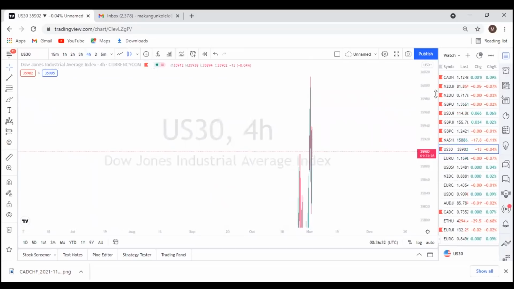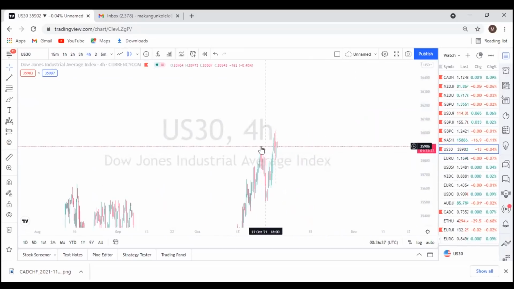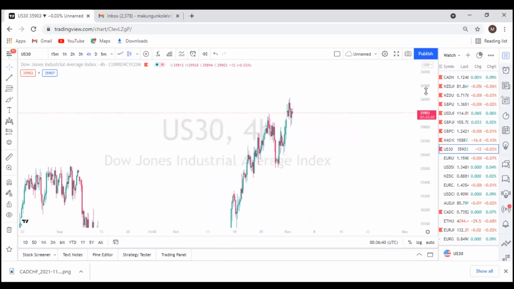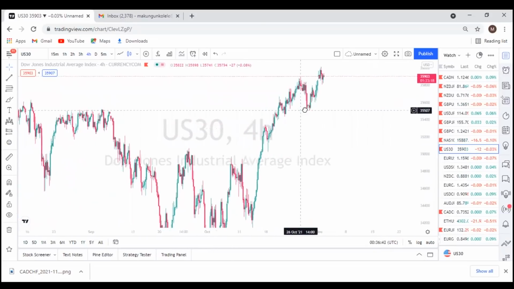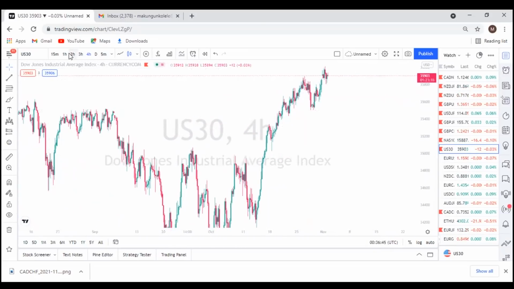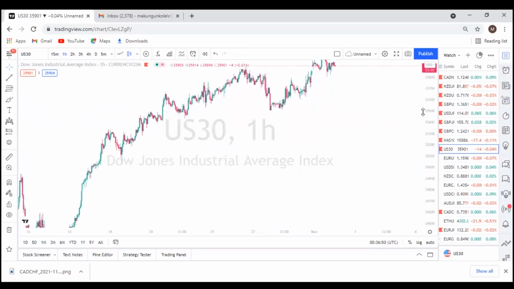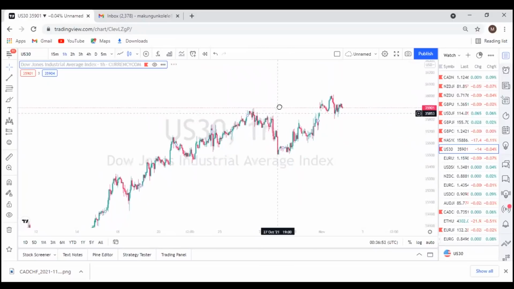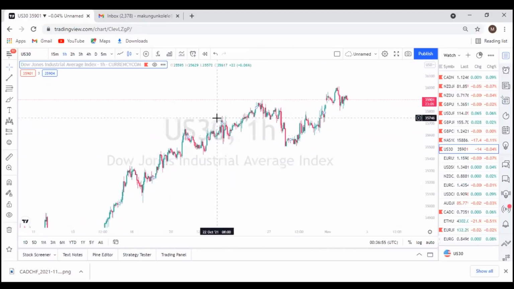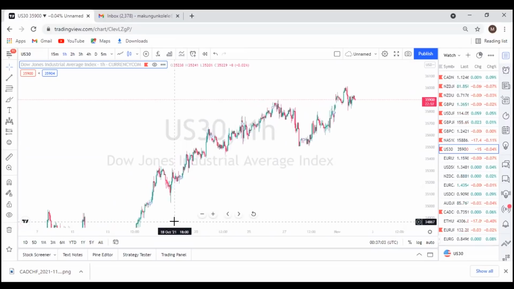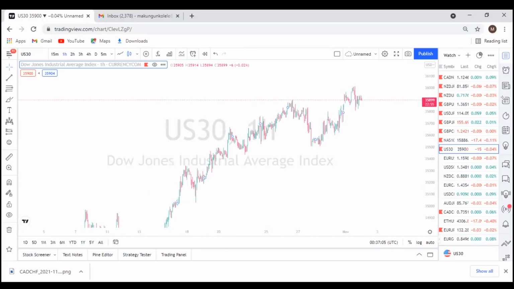And the last pair we are gonna be looking at is an index once again, US30. Same concept, we are just gonna scale it down to the hour time frame. US30 and Nasdaq kind of move the same, but they don't move at the same time.